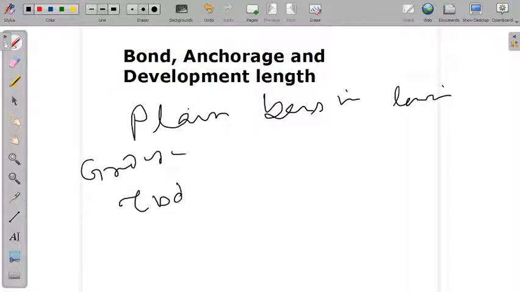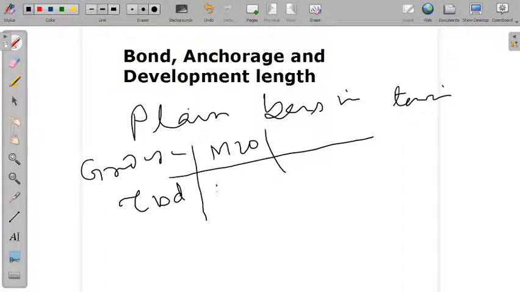Design bond stress is denoted by tau BD. Okay, for a defined grade of concrete, if we have plain bars in tension, then what is their bond stress? Say we have M20 grade of concrete. That value is given as 1.2. Okay, say for M25 grade of concrete, this value is given in the code book as 1.4.